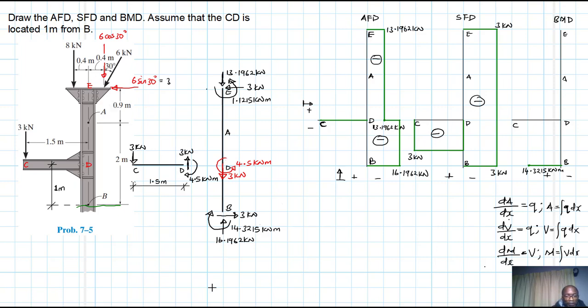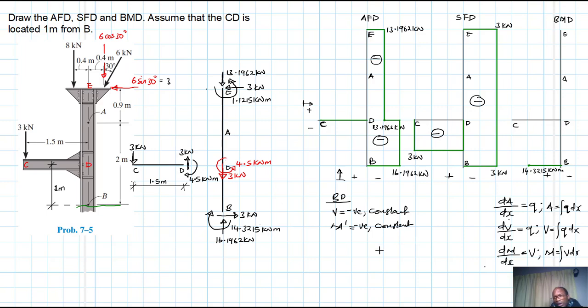Let's start now working segment to segment. So from B to D, our V is negative and it is constant, and therefore M prime also will be negative and constant.